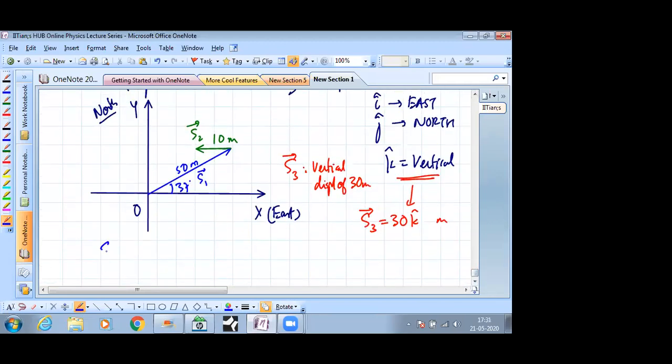So S1 will just become 50 cos 37 degrees I cap plus 50 sine 37 degrees J cap. So that you will see will become 40 I cap plus 30 J cap.